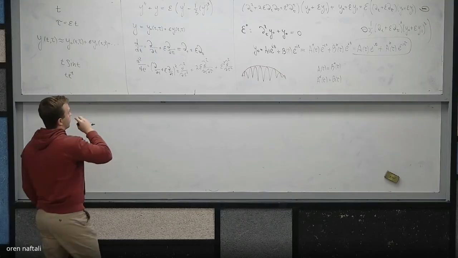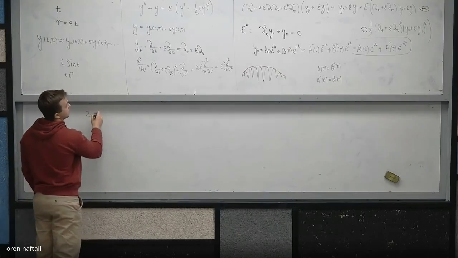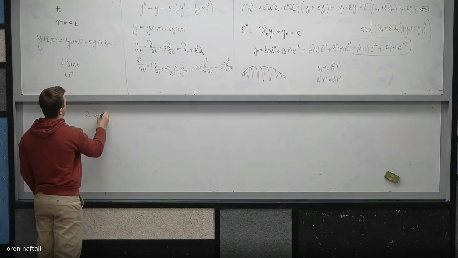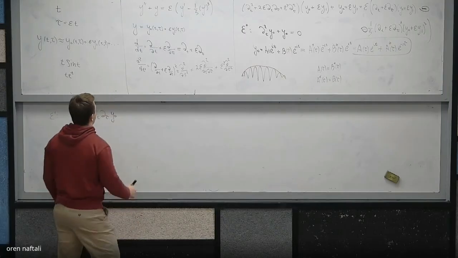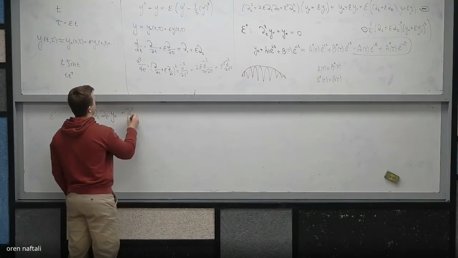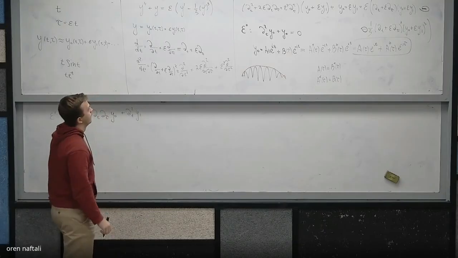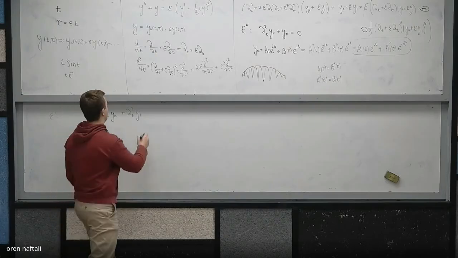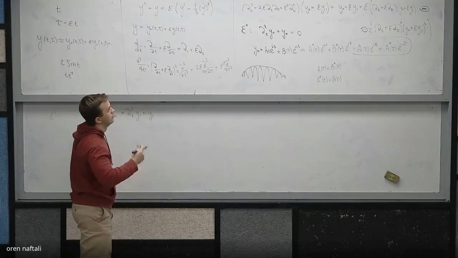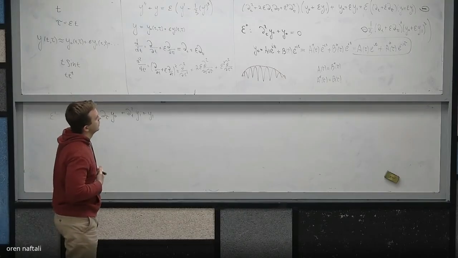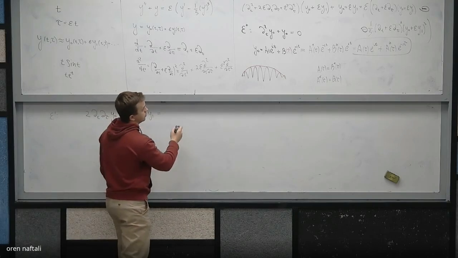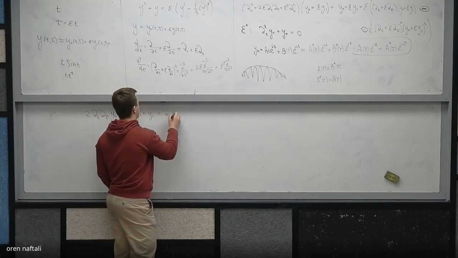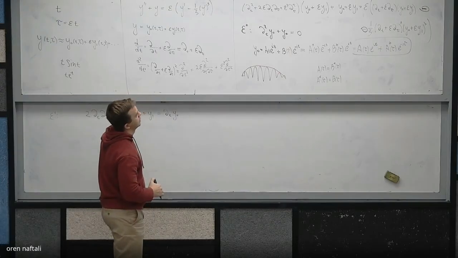So we have 2 times d t d tau y naught, plus d squared t y1, plus y1, equals d y naught.